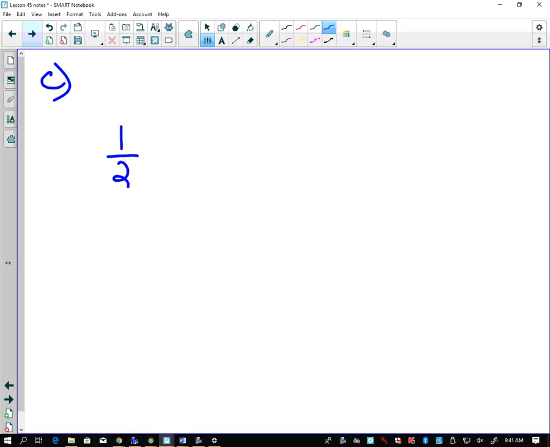But notice how they're using a number to represent a given variable, right? So 1/2 what? 1/2 x. Okay. So something like this, or you could do even x over 2, right? Either one. Okay. Half a number.